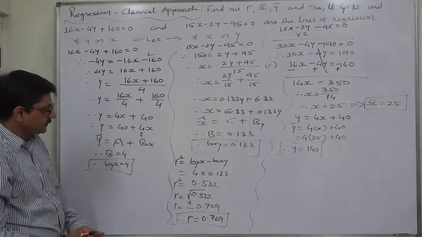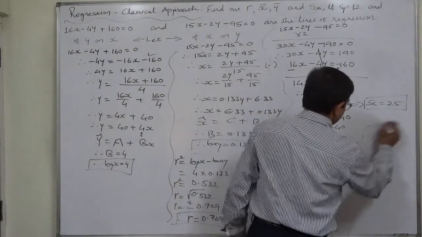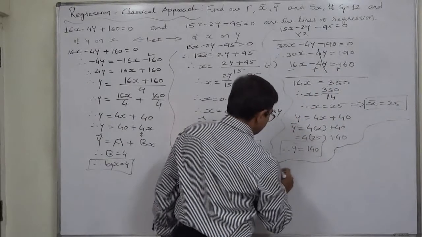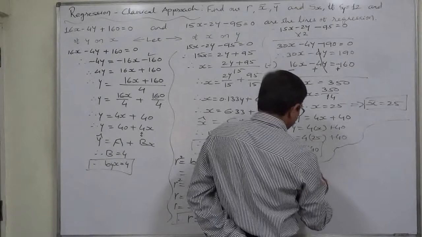Now we need to find Sx. For that purpose we are going to use the formula of byx. byx equals the coefficient of correlation into Sy upon Sx.